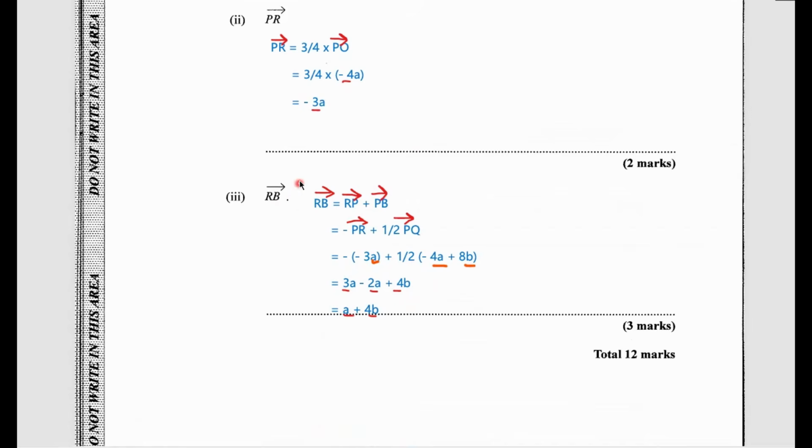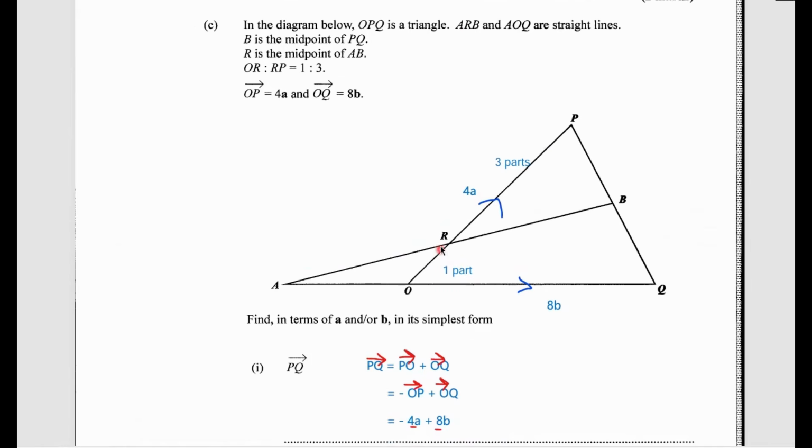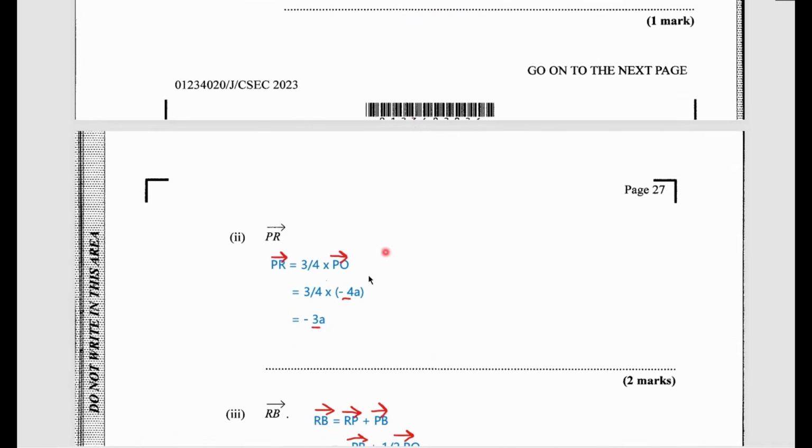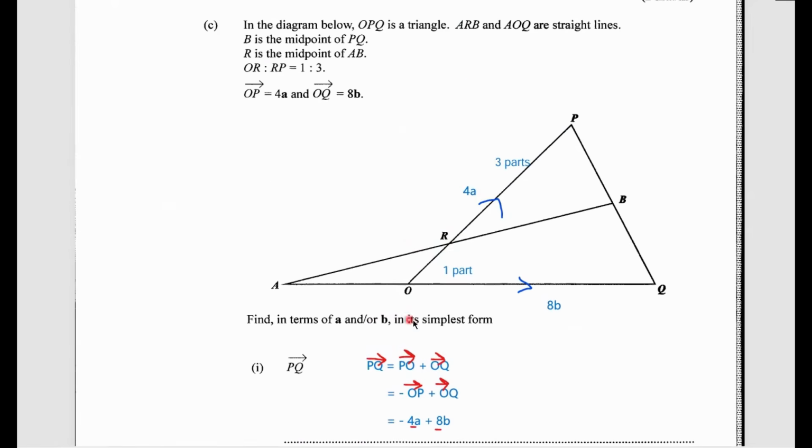Final part on this paper. RB is RP add PB. And you're looking at RB, which is here, will be RP add PB. And what is RP? RP plus PB.